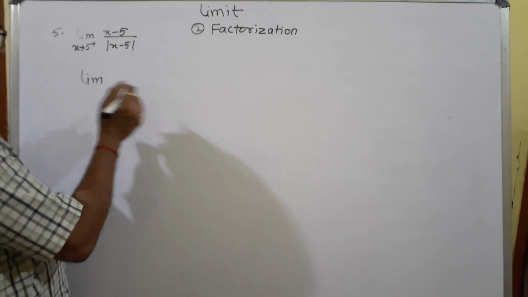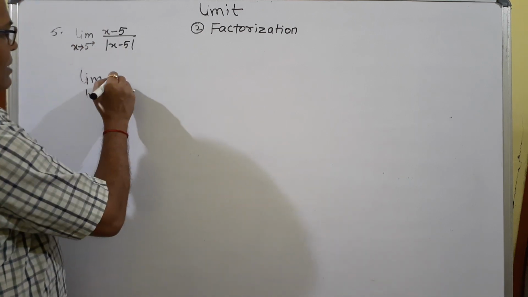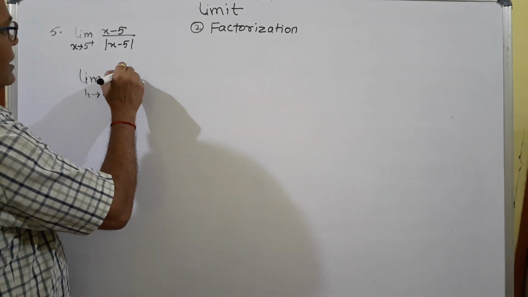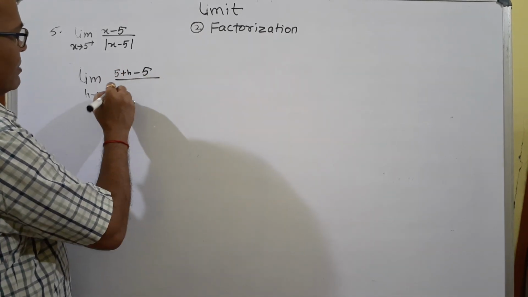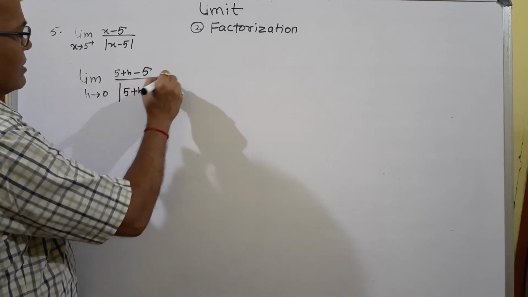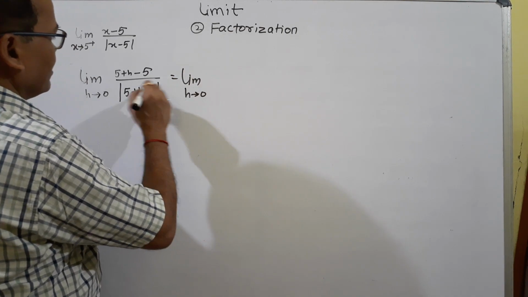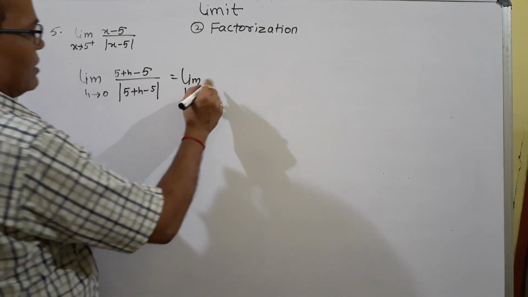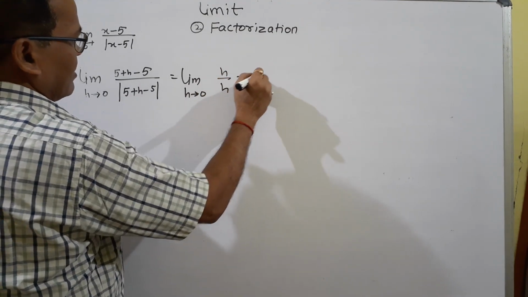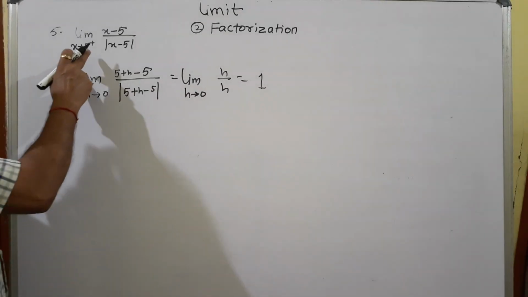If x tends to 5 plus, we can say h tends to 0, and in place of x we will write 5 plus h. So the value is 5 plus h minus 5 divided by the absolute value of 5 plus h minus 5. The 5s cancel, and you will get h divided by h, which is equal to 1. Very simple.